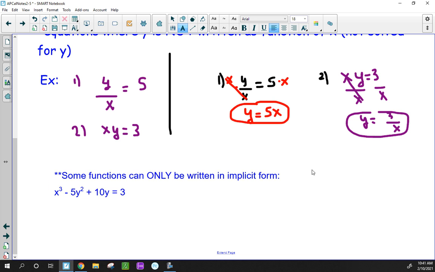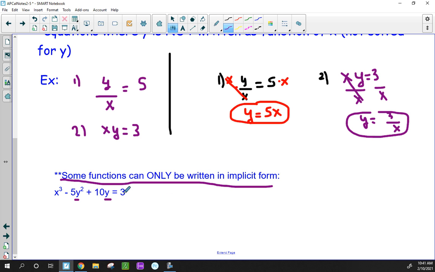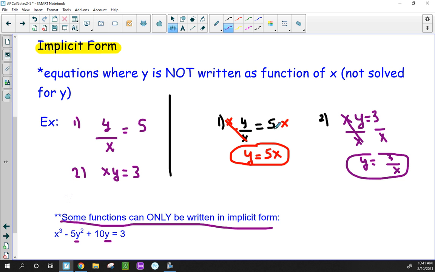That's an example of one where solving for y would definitely be difficult because there's actually 2 of them, and we've got an x to the third. And so this is a prime example of why we need to learn implicit differentiation, because, like I said, sometimes they give me equations that I can't transfer from one form to the other easily.